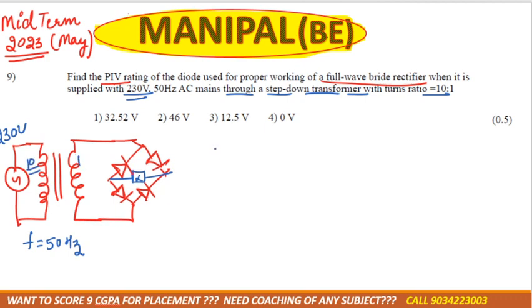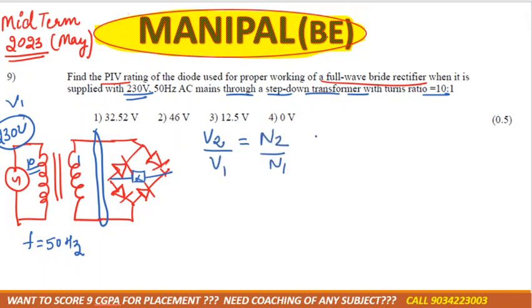For the calculation we obviously need the secondary voltage V2, but we have the primary voltage V1. We have the formula for that which we studied in BT: V2 by V1 is equal to N2 by N1. This is the formula of the transformation ratio. In the case of rectifiers, you'll definitely use this formula if they give the turn ratio.